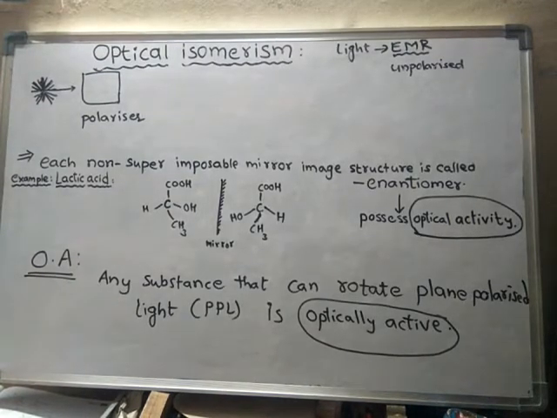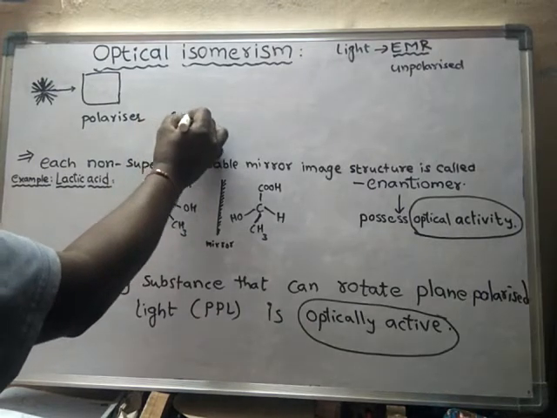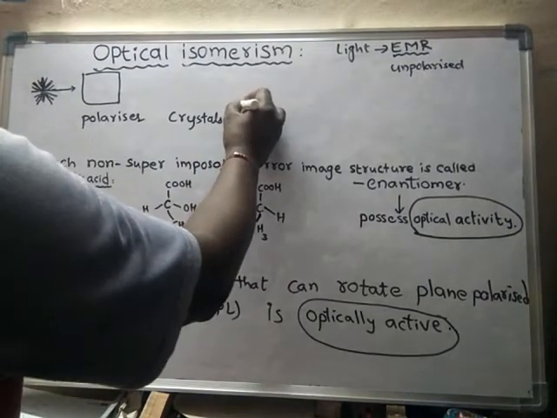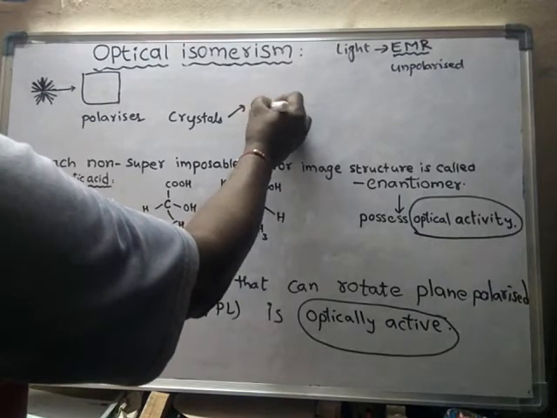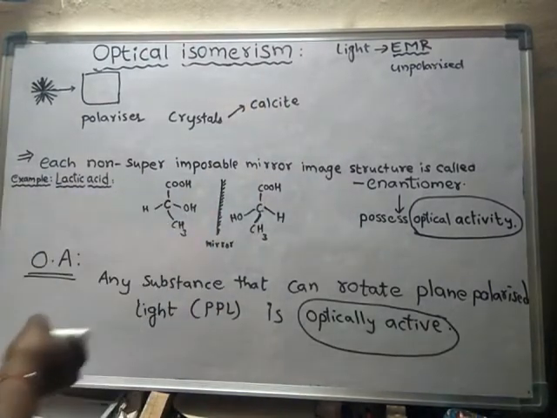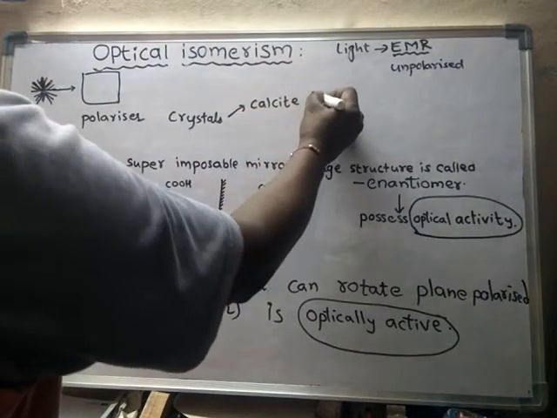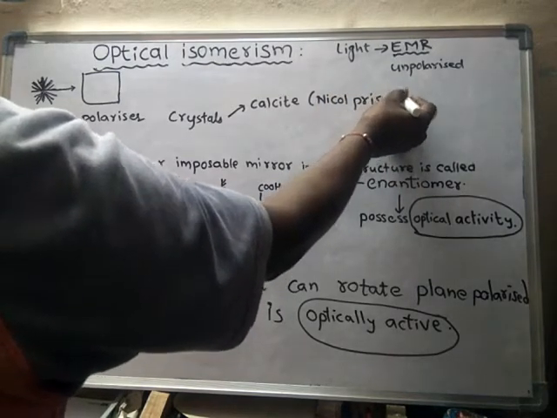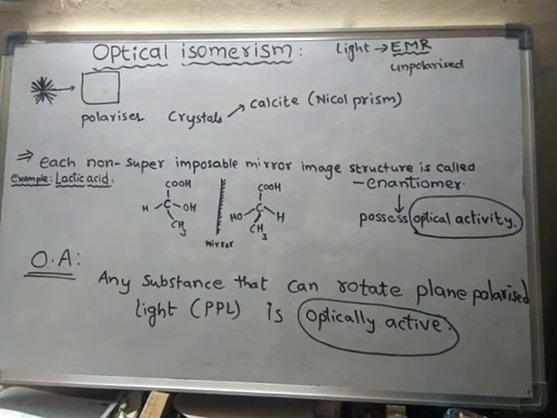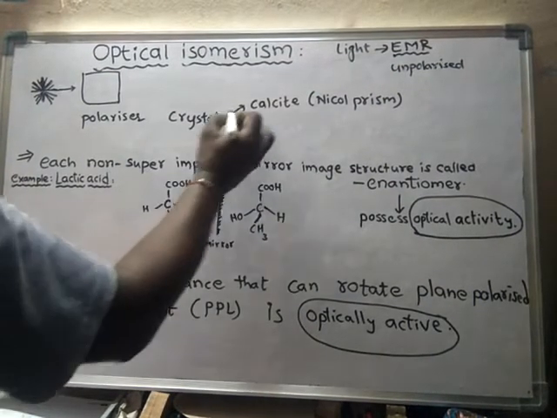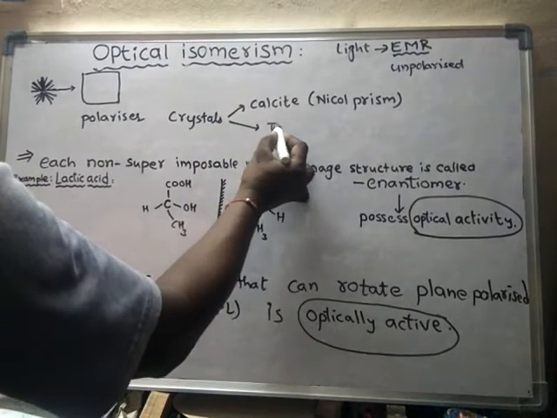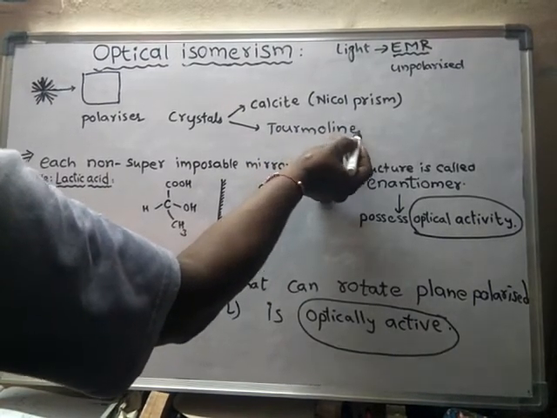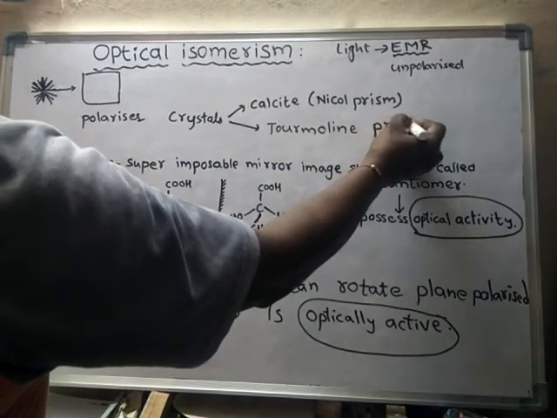This polarizer contains crystals, either of calcite, known as nickel prism, or else it may contain tourmaline prism, nickel prism or tourmaline prism.